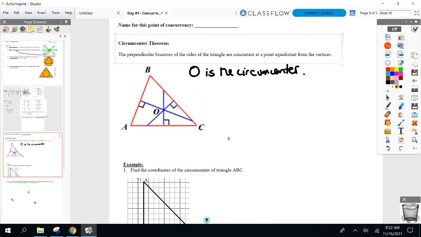So everyone just draw from O to B a dashed line. From O to A a dashed line. And from O to C a dashed line. Those three are all congruent. OA, OB, and OC are all congruent. That's the special property about a circumcenter. Wherever that point is, it's equidistant from all three vertices.